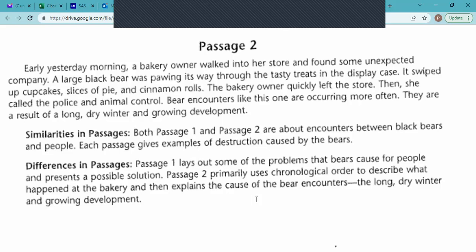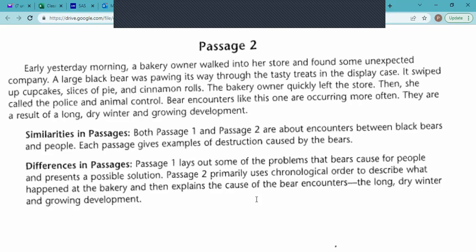All right, so we're going to be talking about compare and contrast here, similarities and their differences. Okay, so the similarities between both passage 1 and 2 are that they're finding encounters between black bears and people, right?